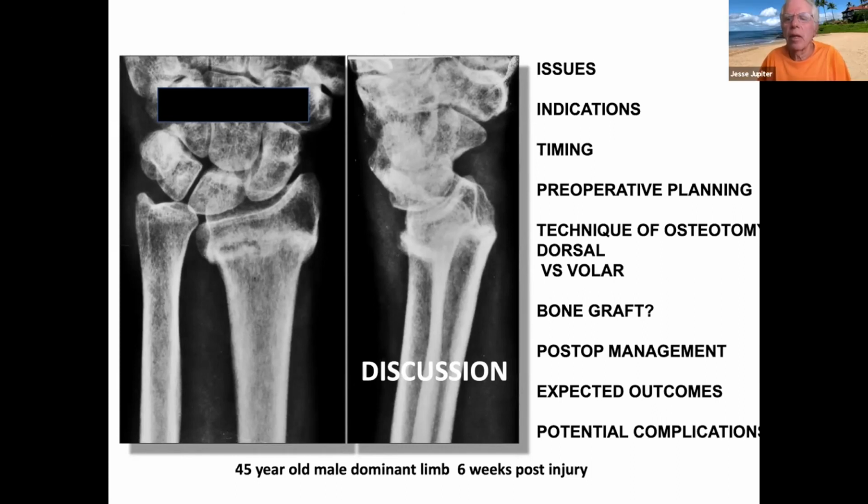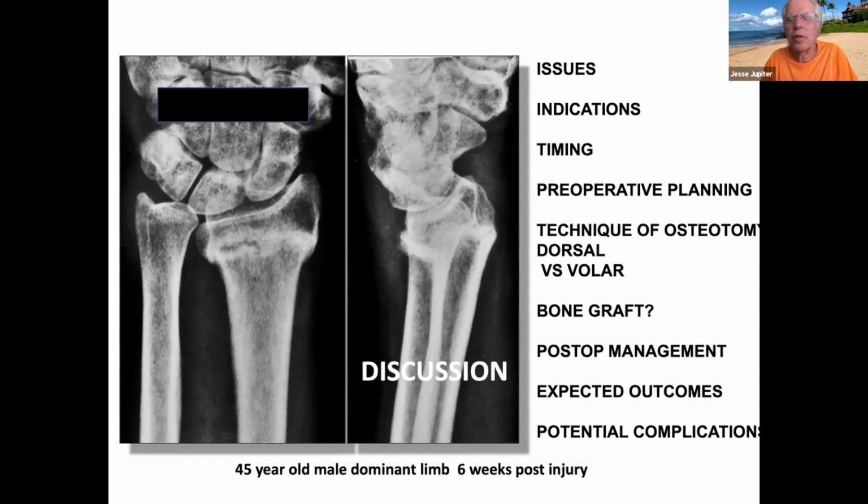Okay, thank you. So one final point is, as you brought up, Chuck, that this may be a pretty small distal fragment. And going through a volar approach, sometimes we tend to use that to lever back the fragment into place.